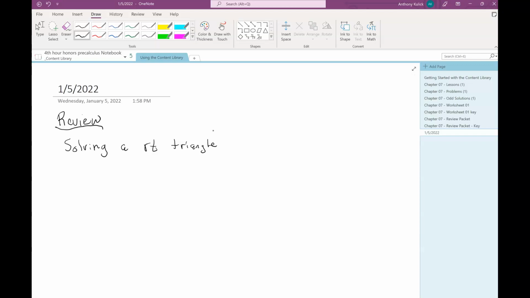So when we talk about solving a triangle, it means figuring out all the missing angle measures and side lengths. So if we think back to our geometry class and think about this in the context of a right triangle, what are some of the tools that we can use to solve a right triangle, to figure out side lengths or angle measures? Yes, Jackson. Pythagorean. Yeah, the Pythagorean Theorem. Very good.